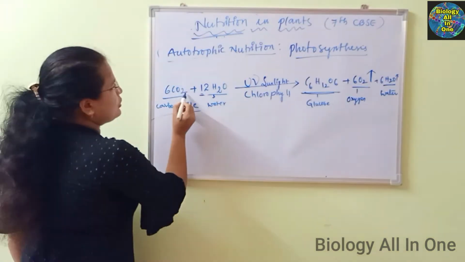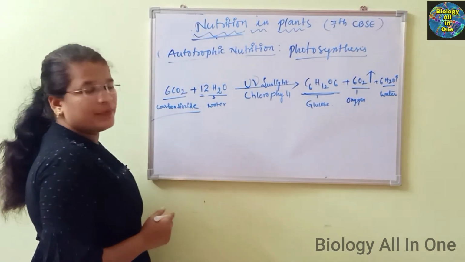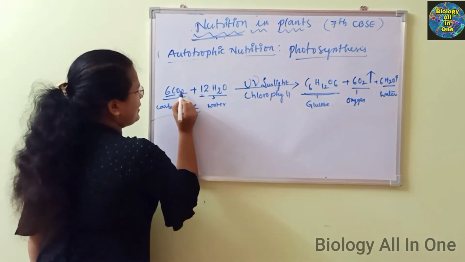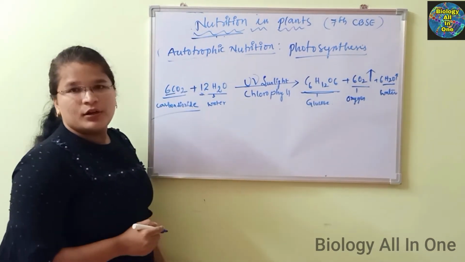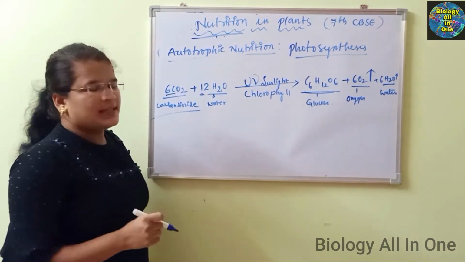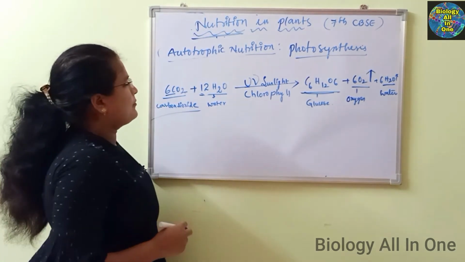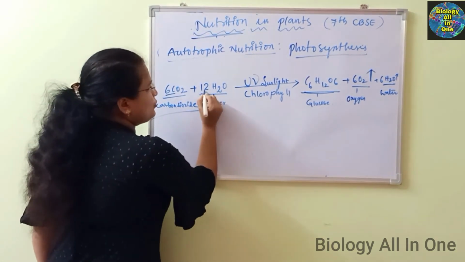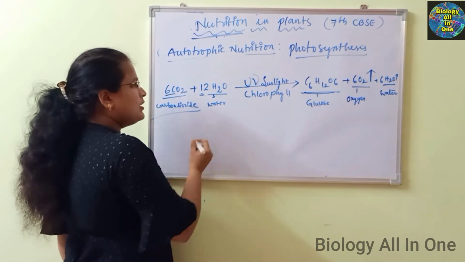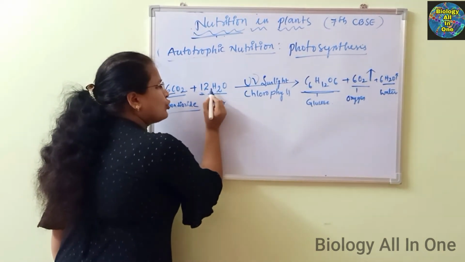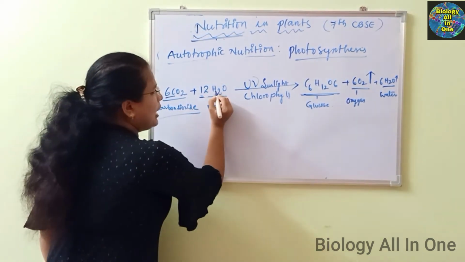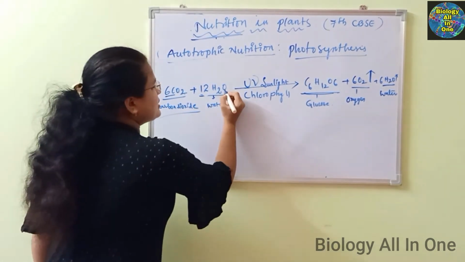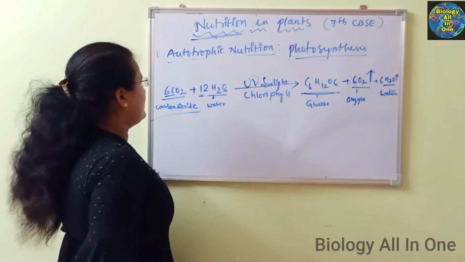See, 6 moles of carbon dioxide means 6 carbons are there. O2 means 6 twos are 12 O's are there. Okay? 12 oxygens are there. See here 12H2O. 12 into 2, 24 hydrogens are there, and 12 oxygens are here.